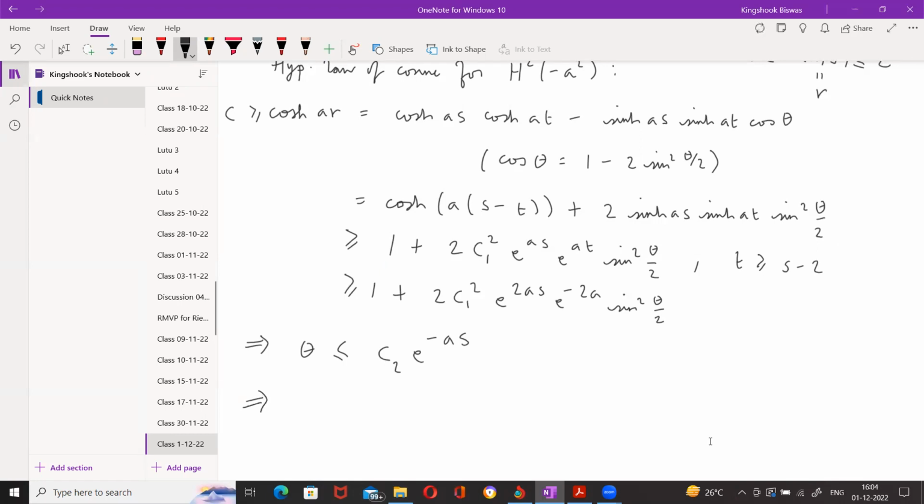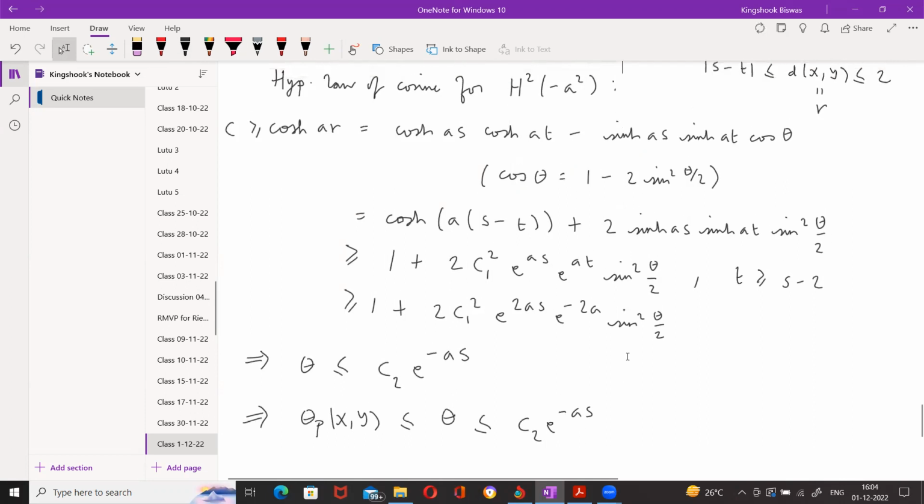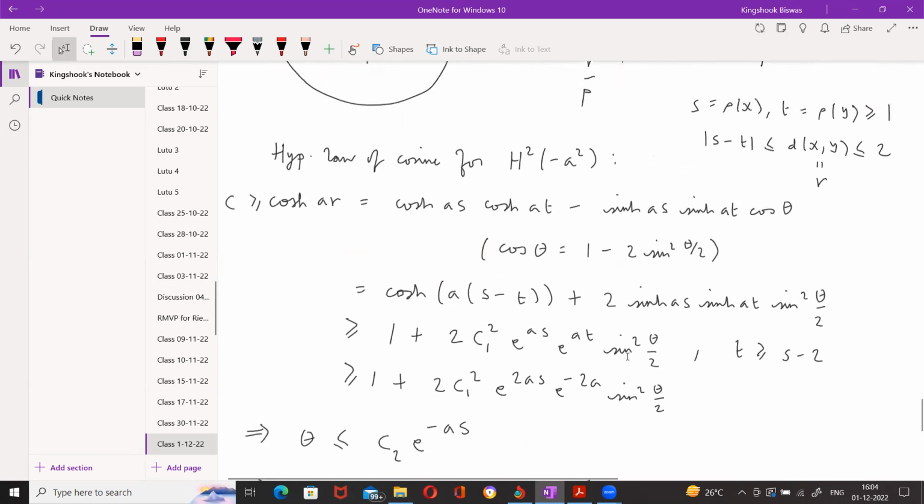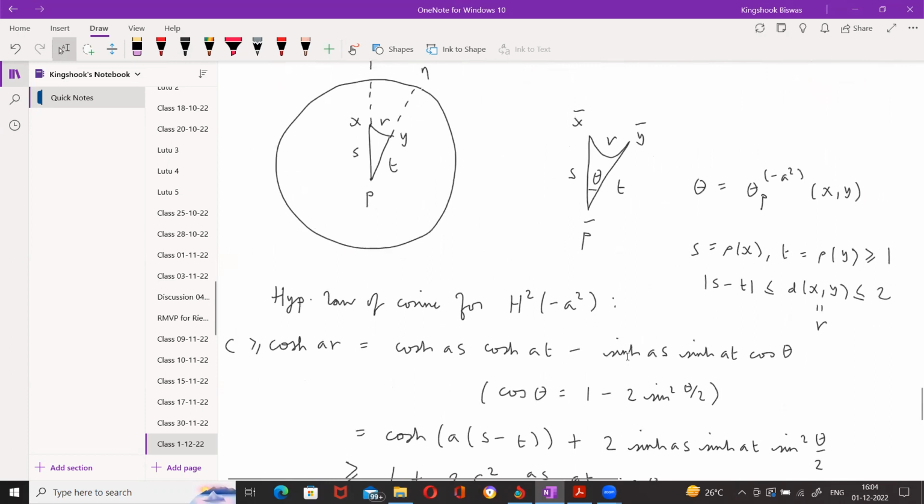But we know that the comparison angle is greater than or equal to the Riemannian angle. So that means the Riemannian angle, theta p xy, is less than or equal to theta, which is less than or equal to c2 e to the minus AS. But this Riemannian angle here is the same as the angle metric between xi and eta.